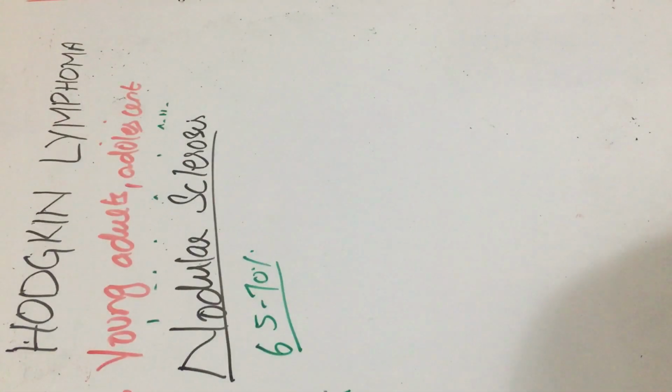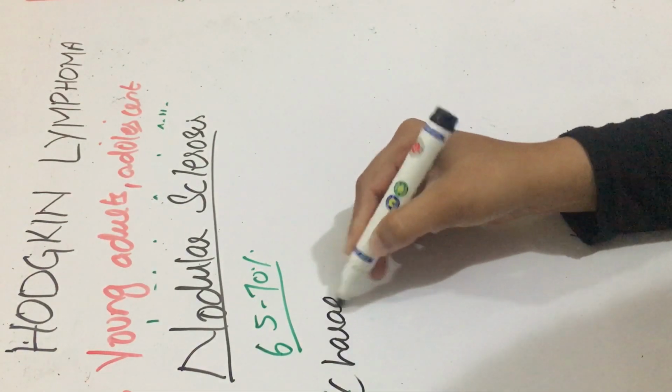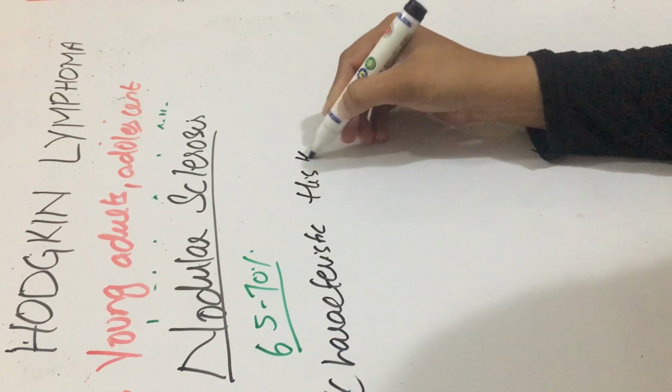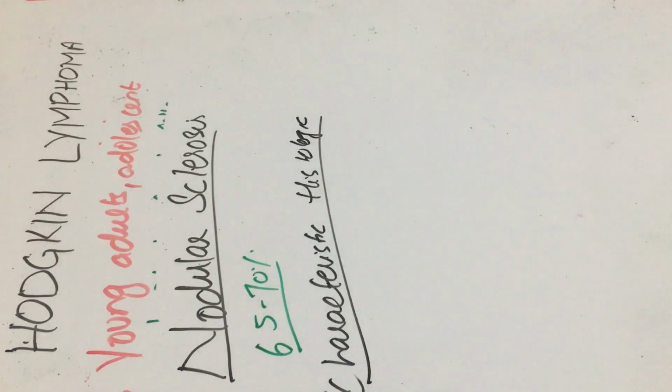Now we discuss the characteristic histologic features. There are four main characteristic histologic features.